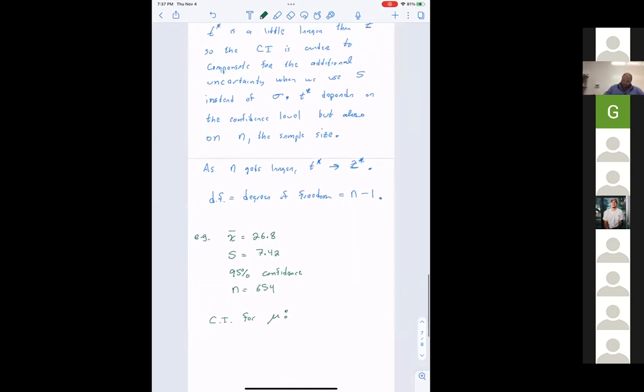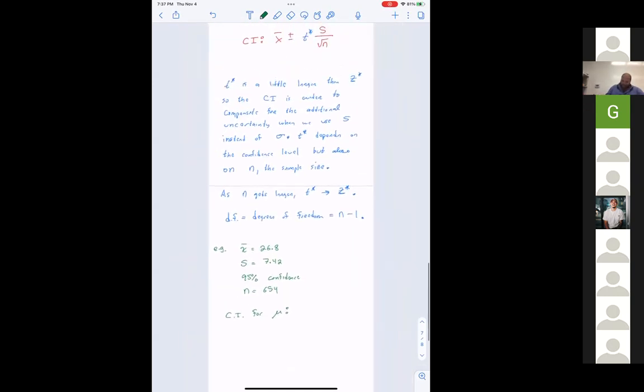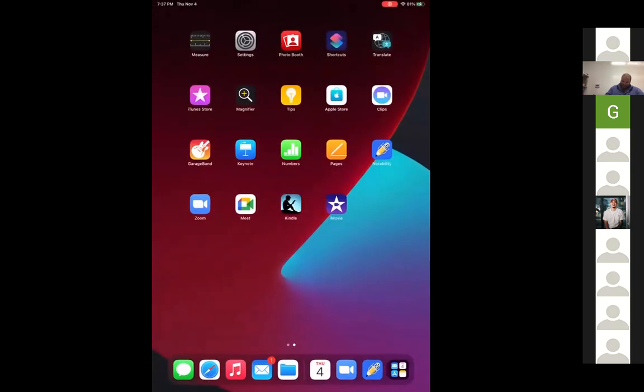So let's go to the formula. It says X bar. Do we know what X bar is? Yes. 26.8 plus or minus T star. So 95% confidence, N equals 654.